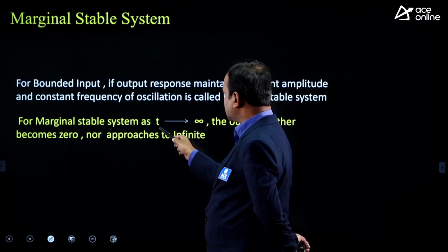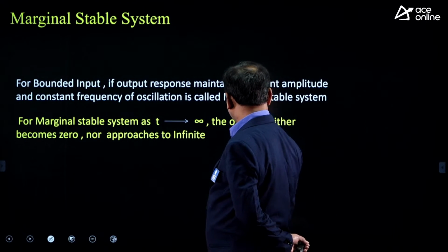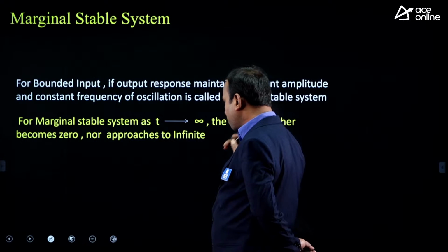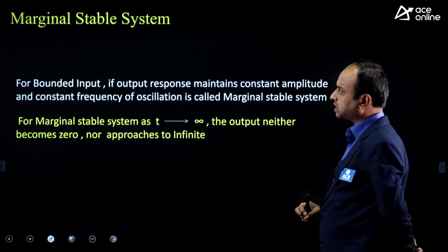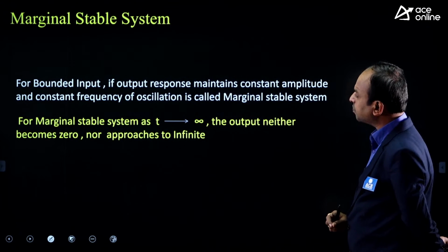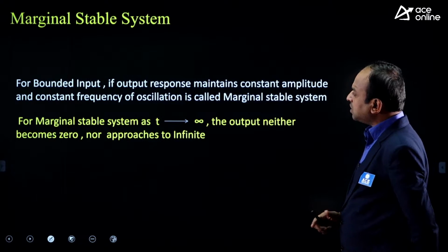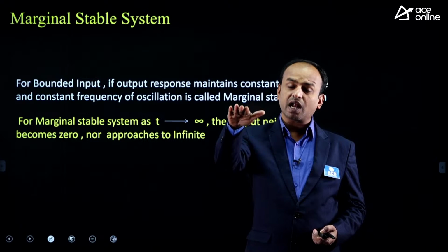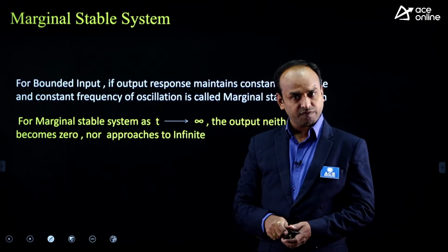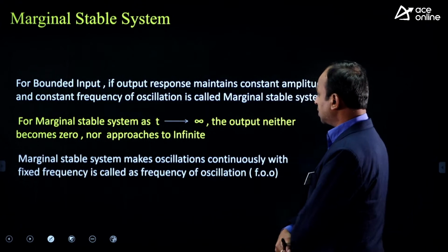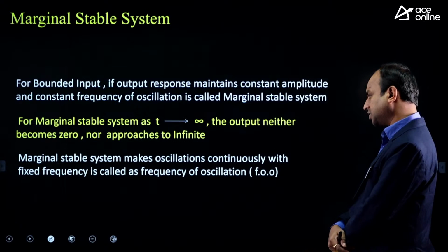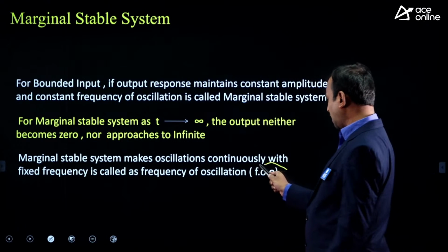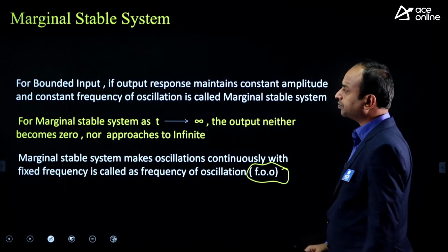For a marginal stable system, as t tends to infinity, the output neither becomes zero nor approaches infinity. A marginal stable system oscillates continuously with a fixed frequency, and that frequency is called the frequency of oscillation.